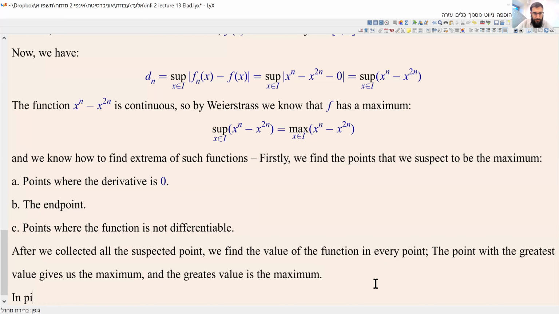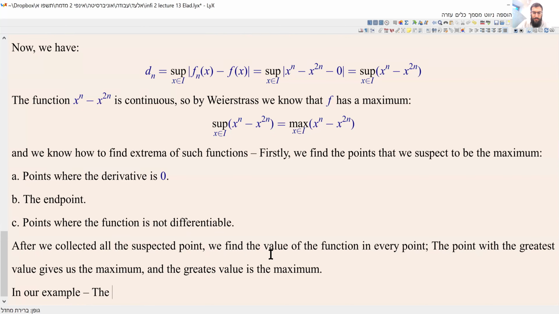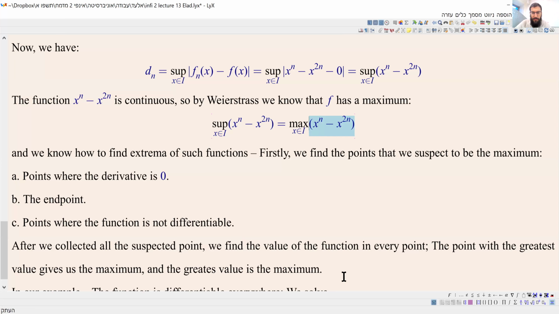In our example, the function is differentiable everywhere. Nice. We don't have points where the function is not differentiable. We need to solve derivative equals 0 in order to find some suspected points.